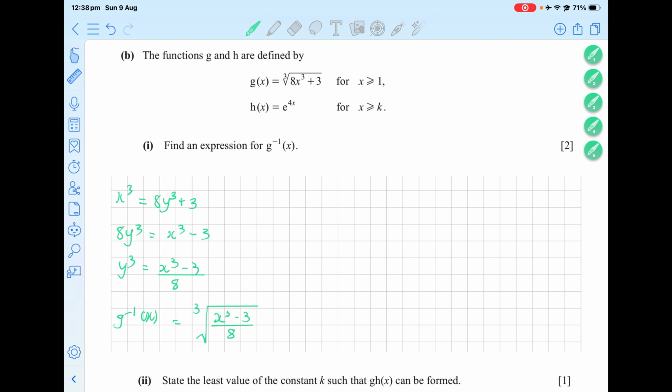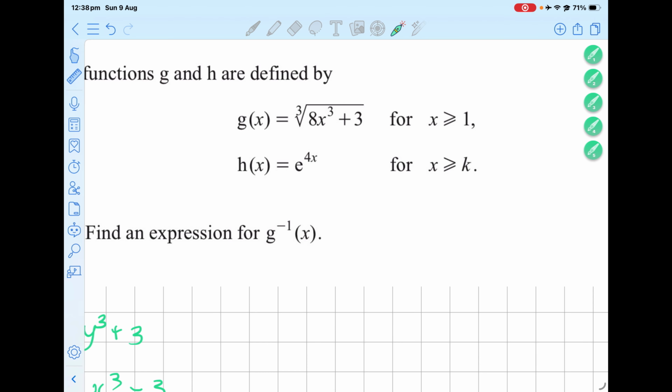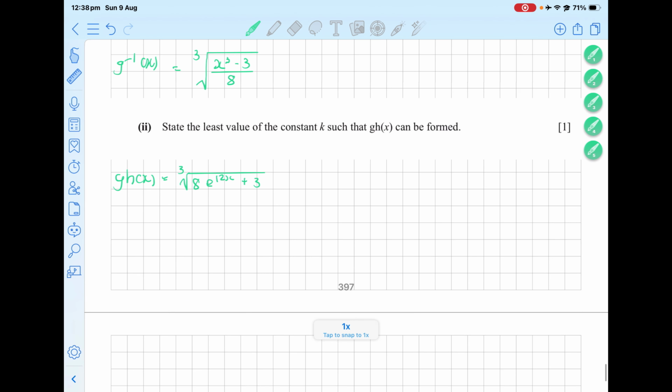Since x must be greater than or equals to 1, so 8 plus 3, so I know that e to the 4x must be greater than or equals to 1, so 4x must be greater than or equals to ln of 1, so x is greater than or equals to 0.